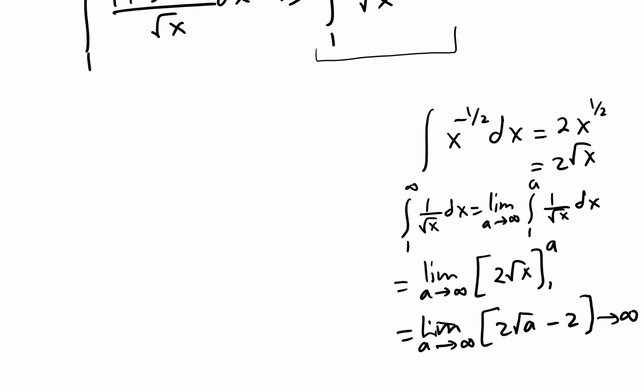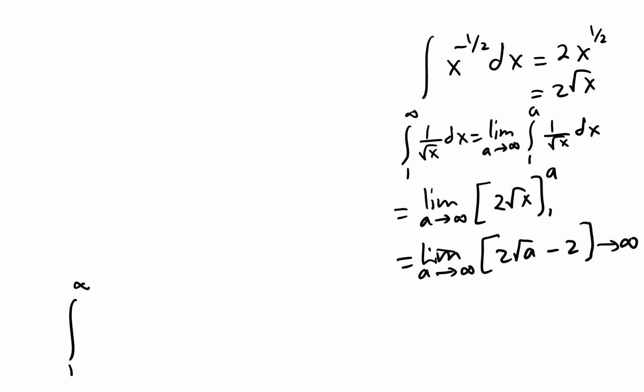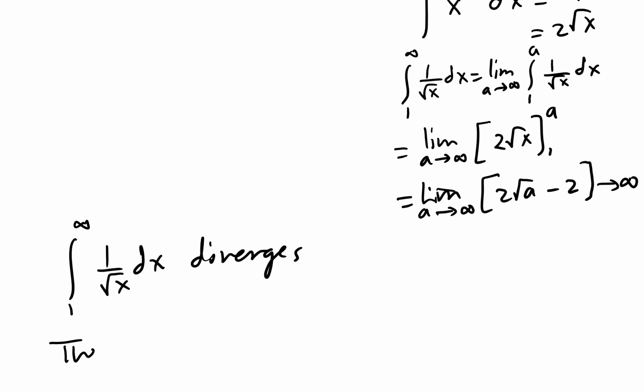So note that that integral diverges. That's what infinity means. If that diverges and the left hand side is bigger, then the given integral also diverges by the comparison theorem.